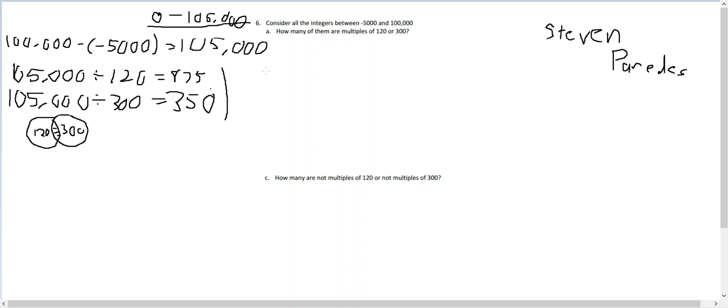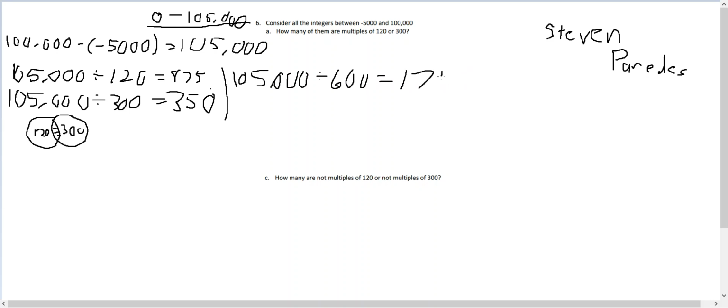So what we would do is we take 105,000 and we would divide it by that least common multiple, which is 600. That is equal to 175.